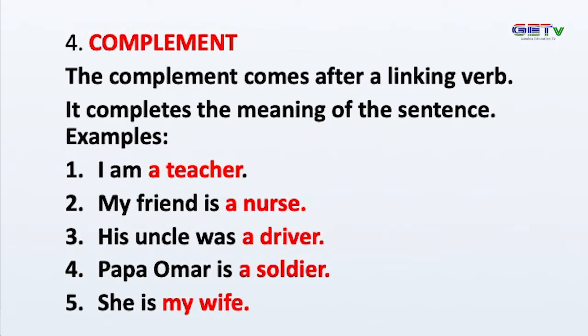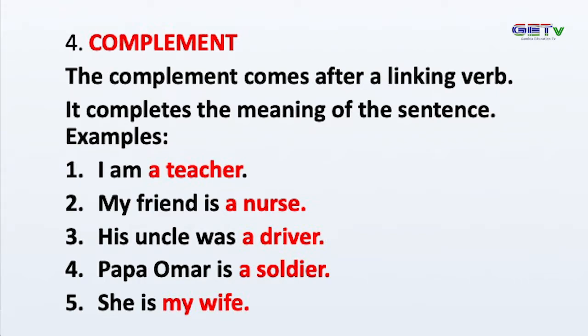We move on. Now the other element is what we call the complement. The complement comes after a linking verb. It completes the meaning of the sentence. We look at the examples. I am a teacher.